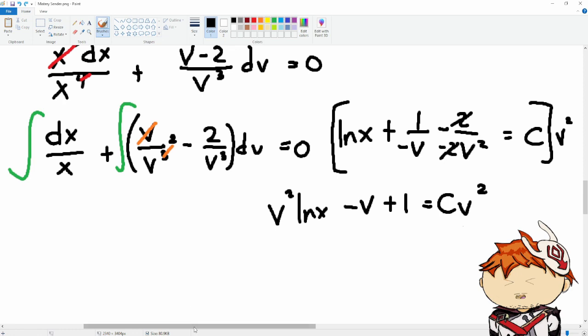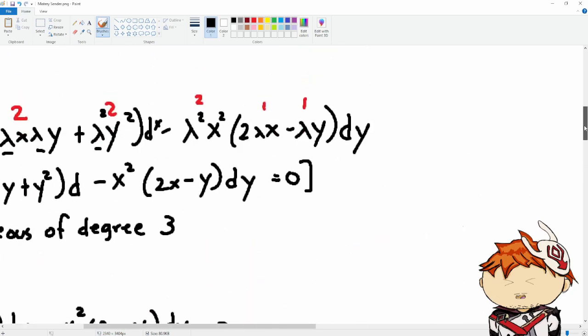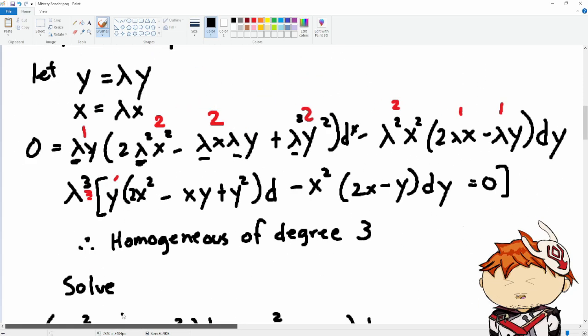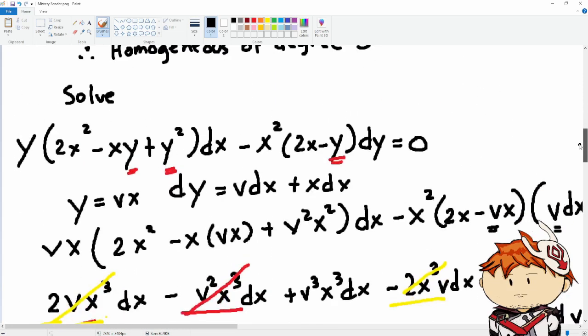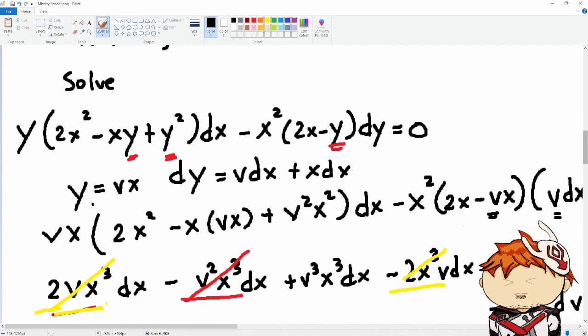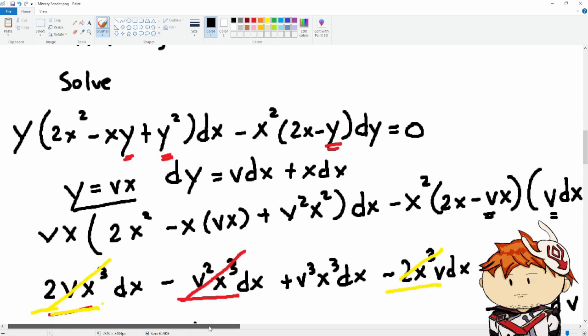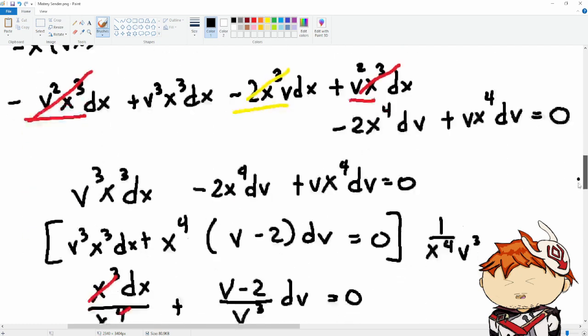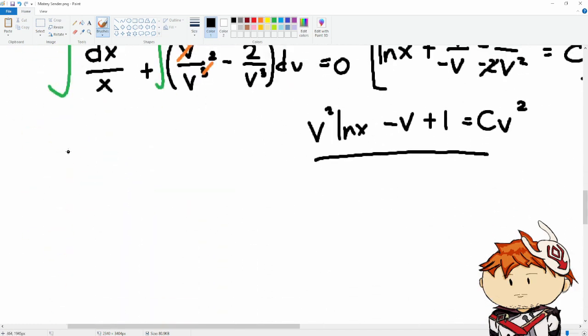Now that's not the final answer, because the final answer needs to be in the same variables as the given. We substituted the given with y equals vx, right? So we just have to replace the value. v is equal to y over x.